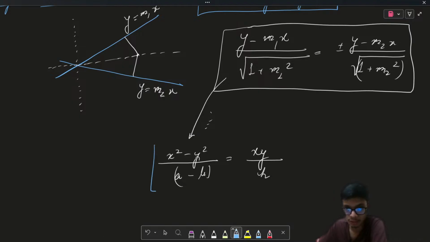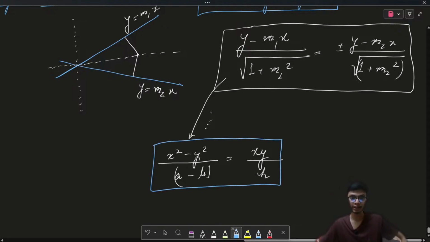Okay, so this will turn out to be the equation of the pair of angle bisectors. Okay, pair of angle bisectors.